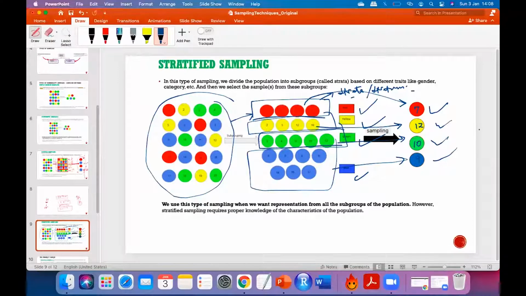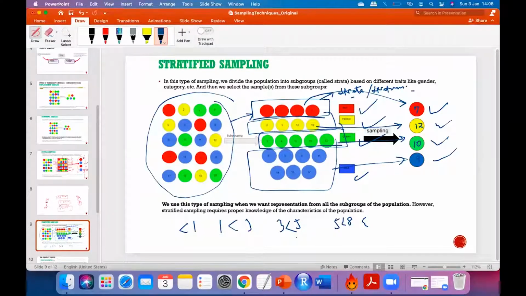Let's say if I have to make the strata based on economic condition, and I divide based on, let's say, salary below 1 lakh per annum, below 3 lakh, below 5 lakh, below 8 lakh, or ranges: below 1 lakh, then 1 to 3, 3 to 5, 5 to 8.